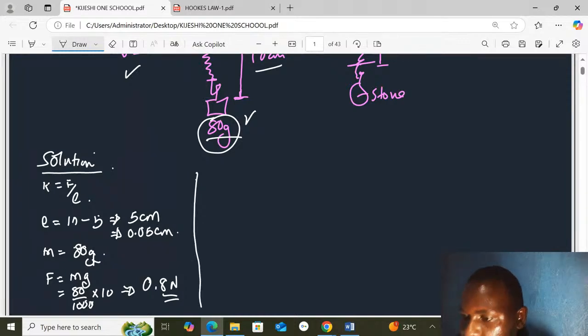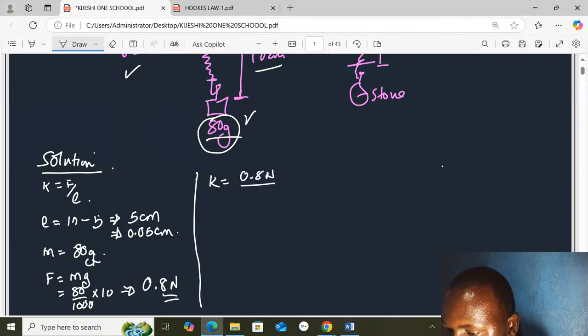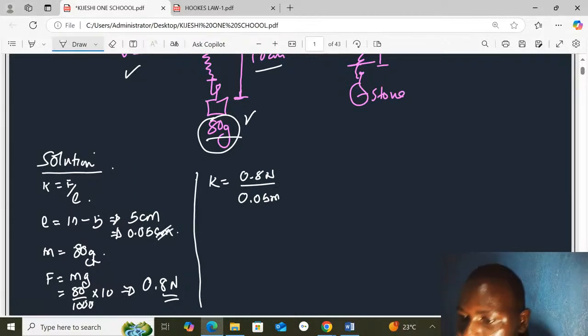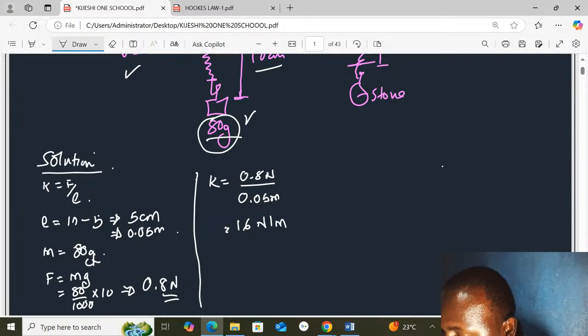Therefore, because we're talking of the same spring, we can say that the spring constant is equal to 0.8 newtons divided by an extension of 0.05 meters. So this one is supposed to be in meters. And this one will hand us 16 newtons per meter, like that.